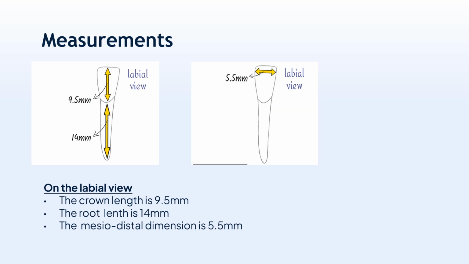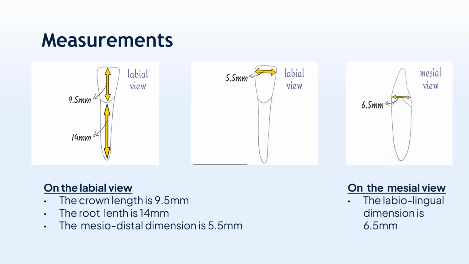And the distance from the mesial side to the distal side, still on the labial view, is 5.5 millimeters, and we call this the mesio-distal dimension. When we look at the tooth on the mesial view, we see a labiolingual dimension of 6.5 millimeters, and this is the distance from the lingual side to the labial side.